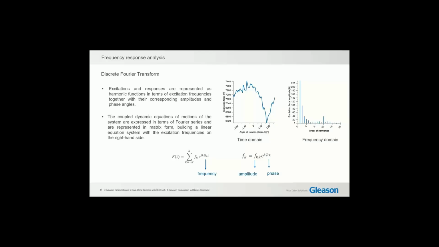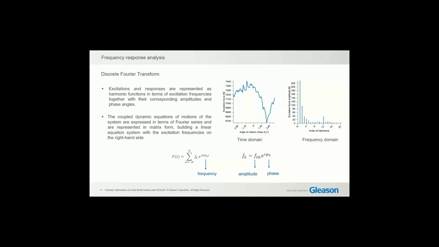As was already demonstrated, the formulation of the force response analysis is based on the frequency response approach. In the force response analysis, basically we deal with the excitation and responses represented as harmonic functions, and these functions simply contain harmonic terms with excitation frequencies and corresponding amplitudes and phase angles.